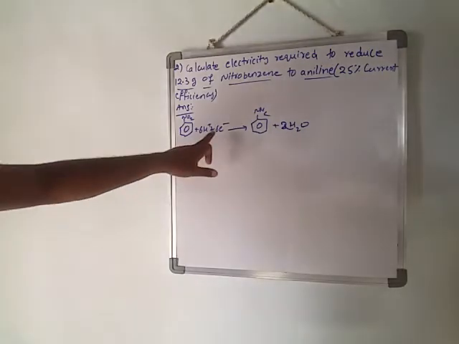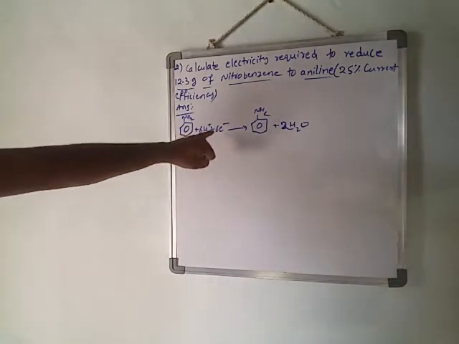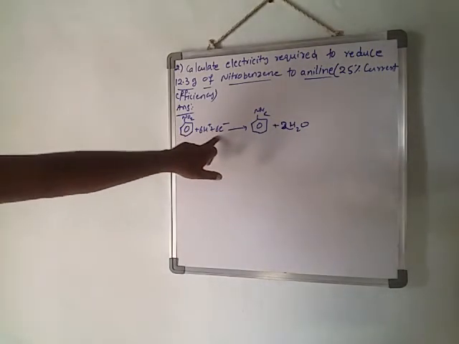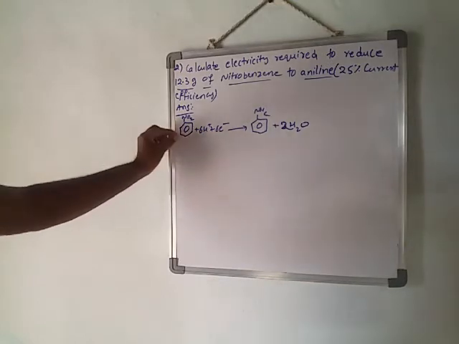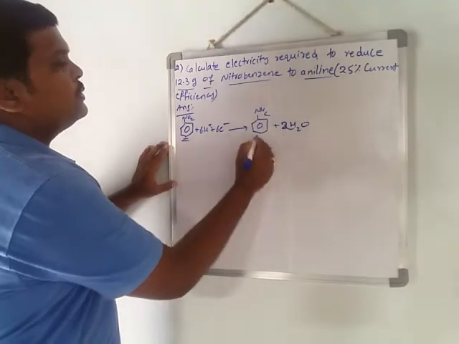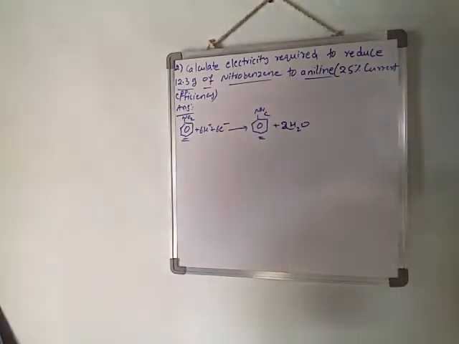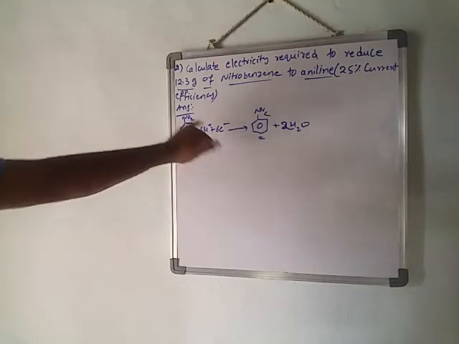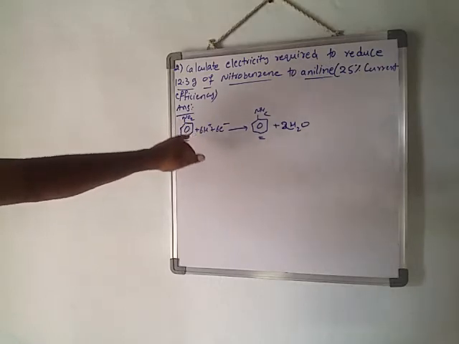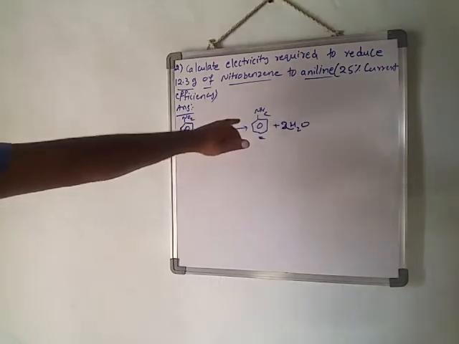So by this we can understand that 6 moles of electrons, 6 Faradays, are required to convert 1 mole of nitrobenzene to 1 mole of aniline. Yes or no?